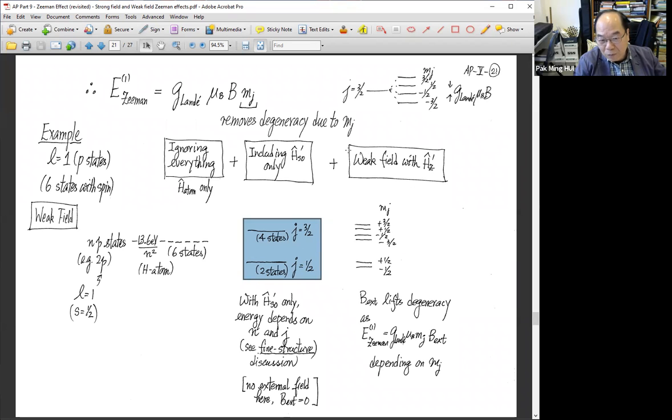Now you apply a weak external magnetic field. Zeeman splitting says it will split according to MJ. Now, the splitting between levels will be G factor times mu B times B, the Bohr magneton times the external field. All right, so again, it's even, but with a G factor, it may be something like 1 point something, 2 point something, things like that, okay?